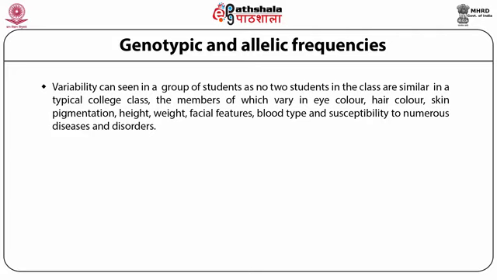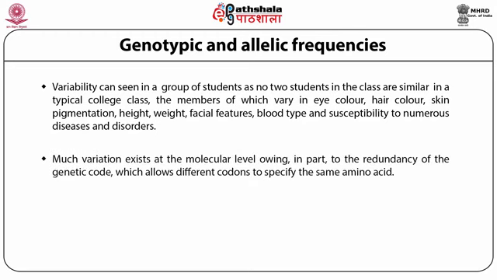Recognition of this phenotypic variation and its potential to help organisms adapt to the environment led Charles Darwin to deduce the idea of evolution through natural selection. In fact, even more genetic variation exists in a population than is visible in the phenotype.